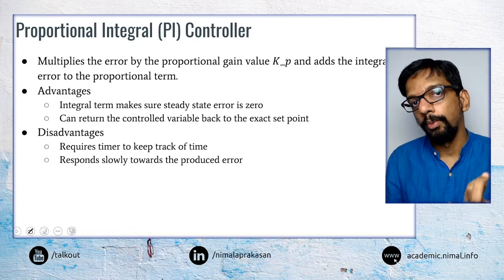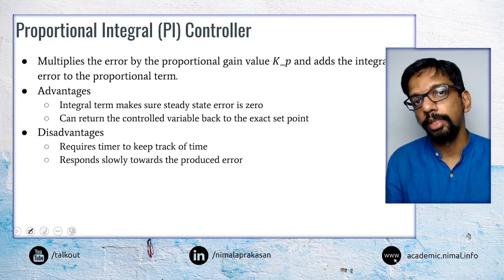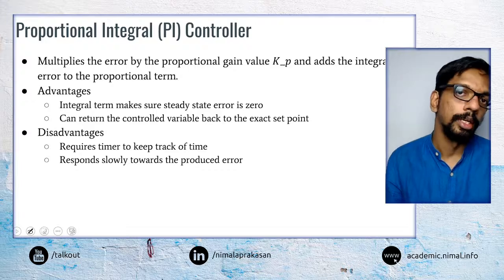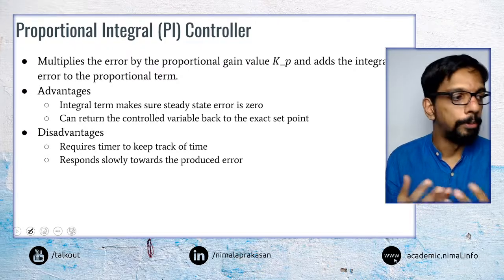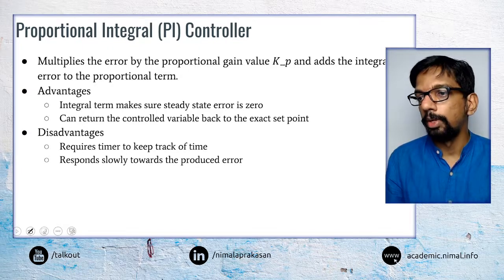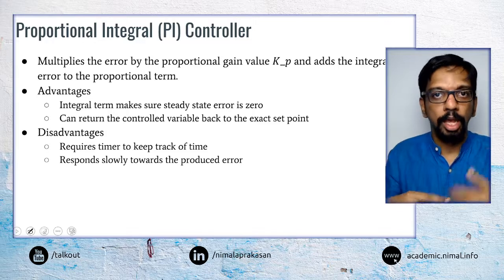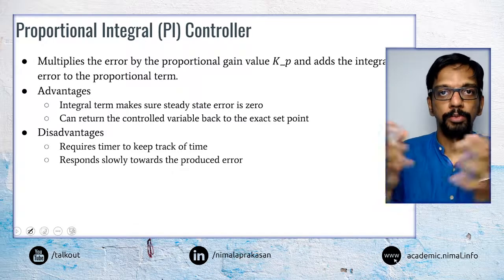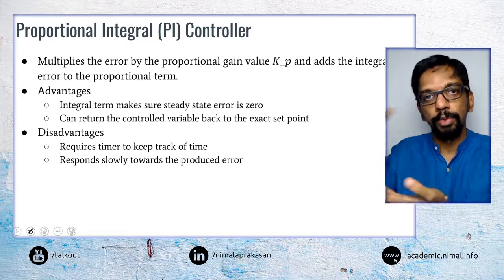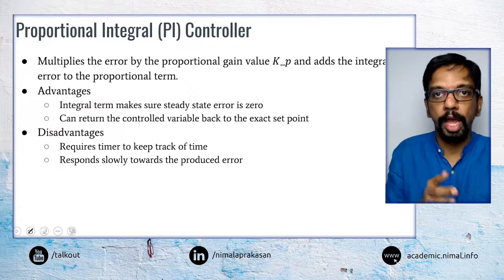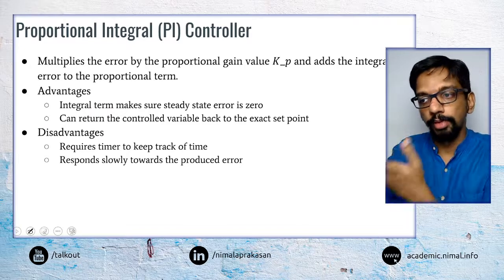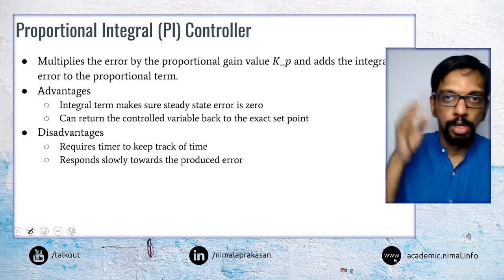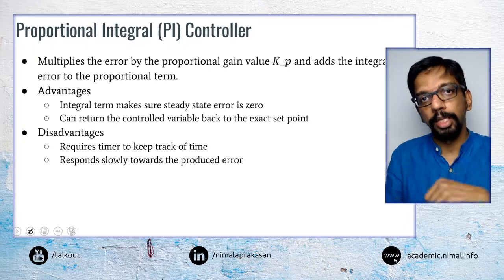But one of the main disadvantages with the integral controller is now we need some more computational capabilities, because we have to do integration, and as you know, integration is adding the values over a period of time. So we have to have some memory, we have to keep track of time and these values, and we have to produce the integral value every period of time and then apply that.